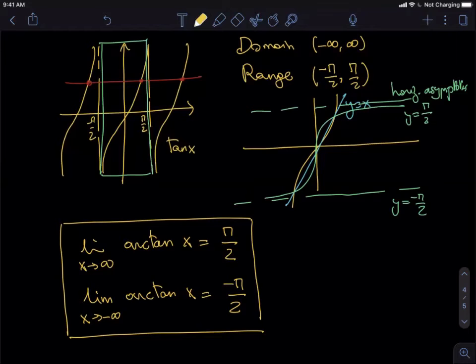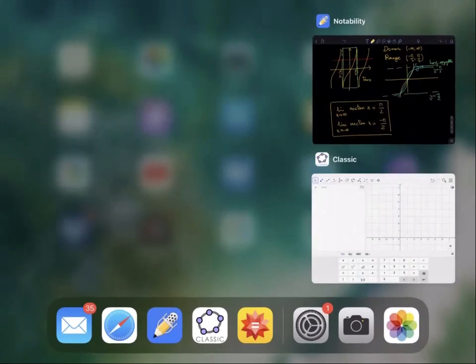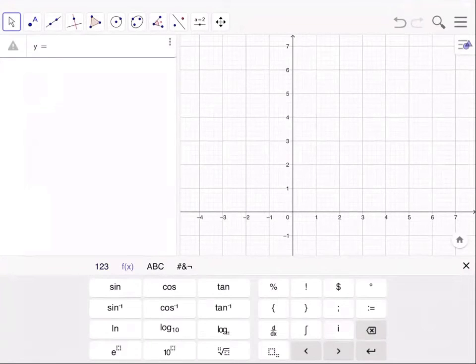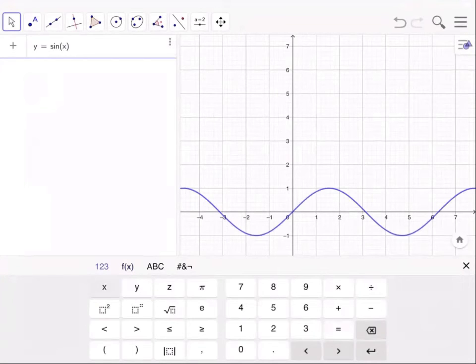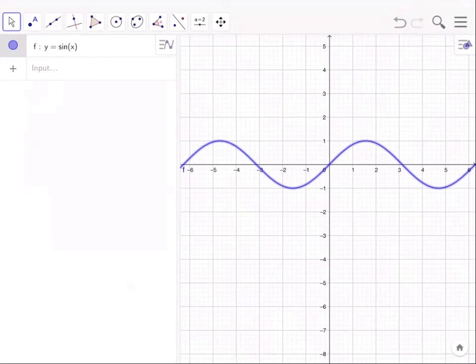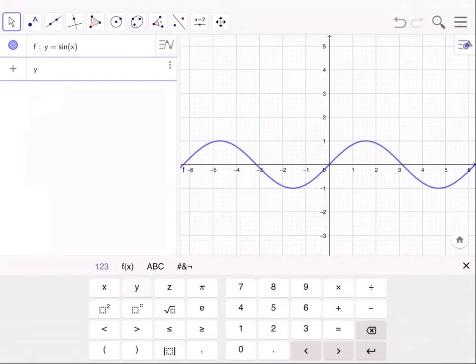Let us graph carefully the arcsine and the arccosine. So let's say I have y equals the sine of x. Here we have it. And then let's graph y equals x.